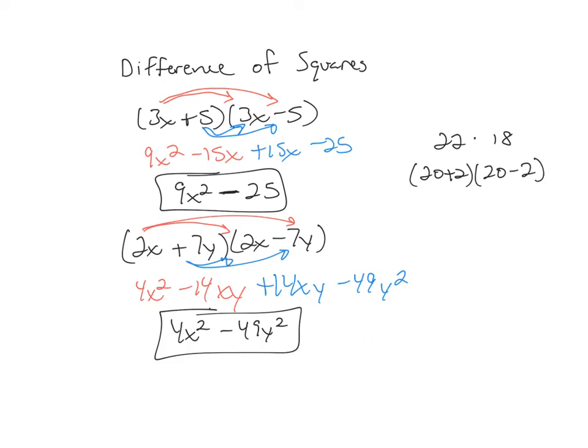And so for this pattern to work, it has to be the same number. 22 is 2 higher than 20, and 18 is 2 lower than 20. It has to be the same amount higher and lower, otherwise it doesn't work. So if it does happen that way, that middle part cancels itself out. So really what you're doing is 20 times 20 is 400. And then 2 times 2, but it's negative 2, is minus 4. And so then we have 396.